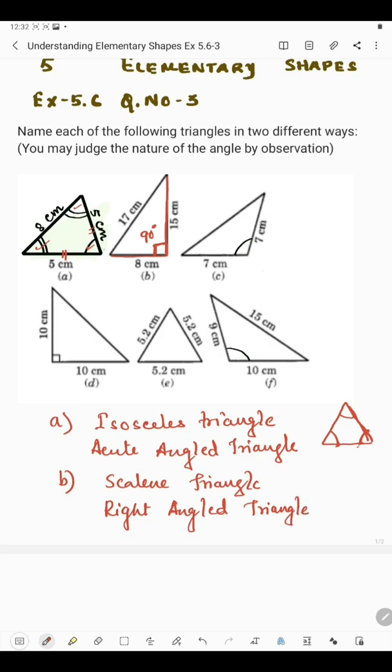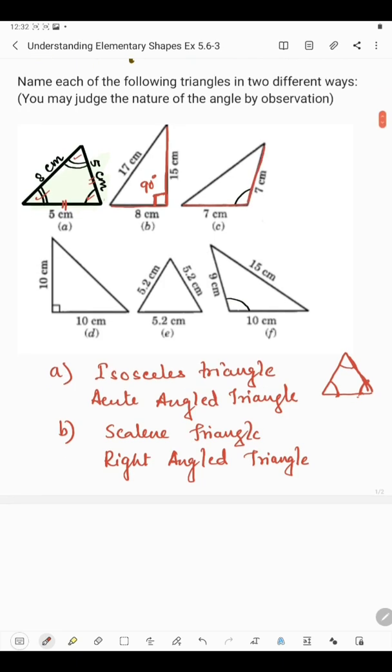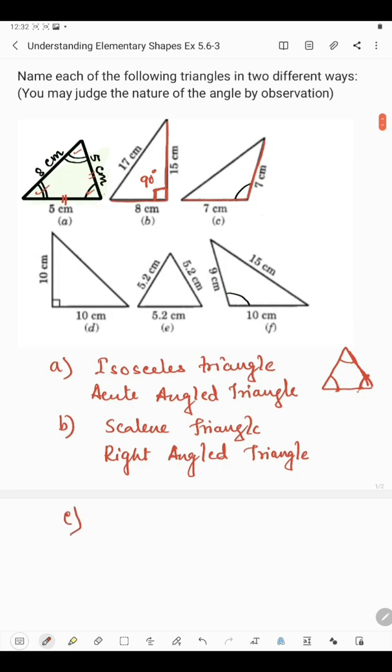Now in the C part, we have, see, these two sides are same in length. So if in a triangle two sides are same, then it is said to be an isosceles triangle. And the angle which is given to us, this angle is an obtuse angle. Why is it obtuse?